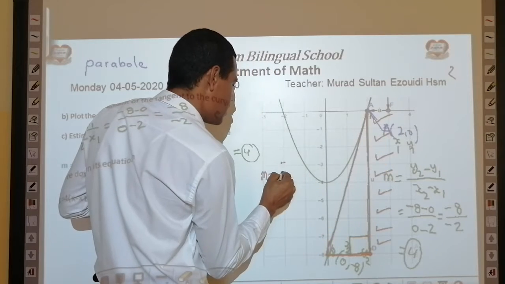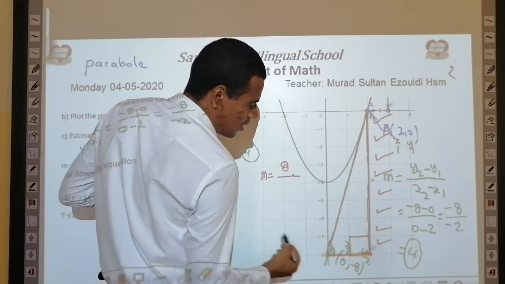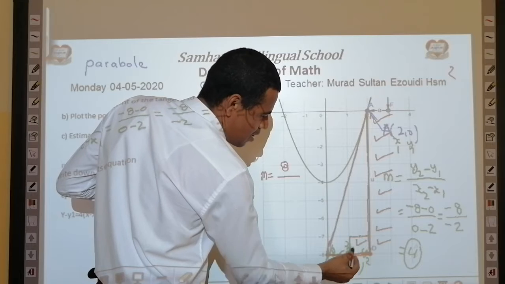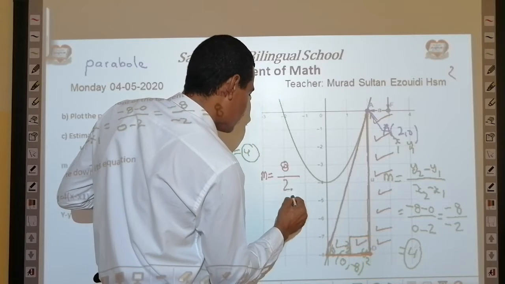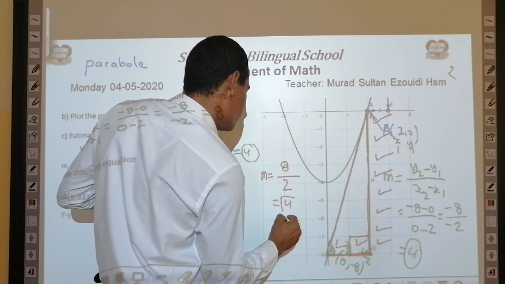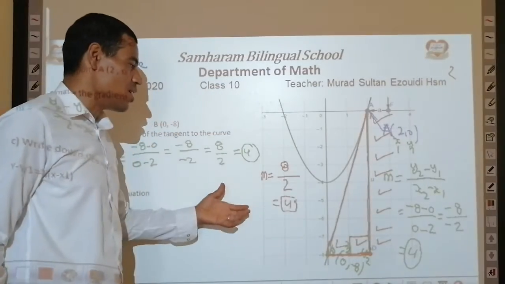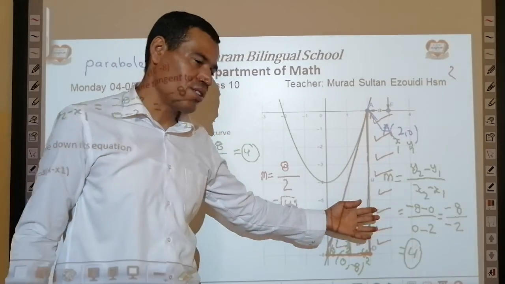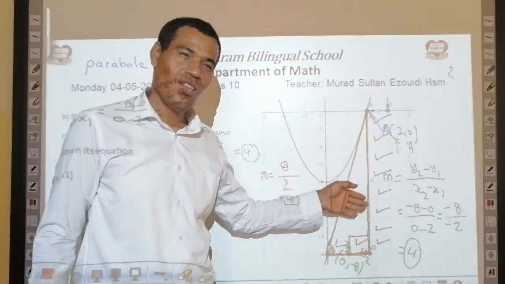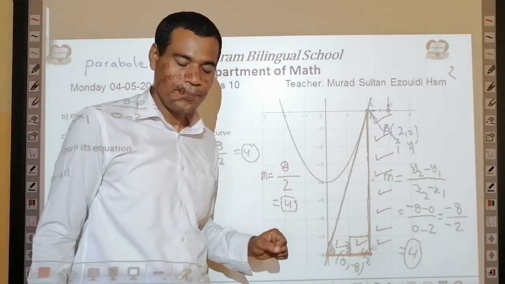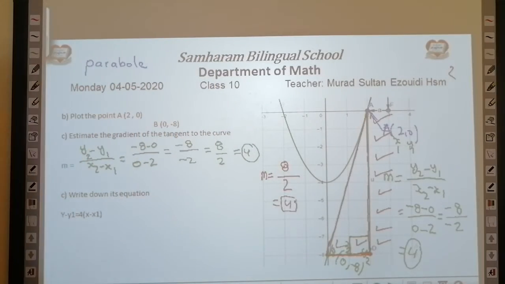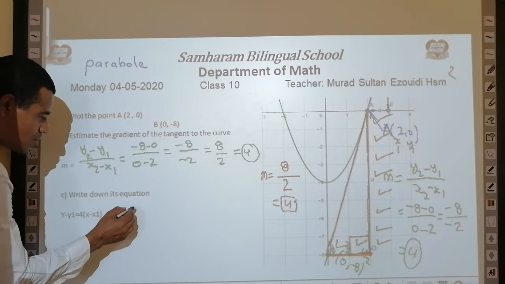I will write here 8, divided by how many squares here? 1, 2. 8 divided by 2 gives 4. Either you use the formula or construct a right angle triangle, you should find the same answer.